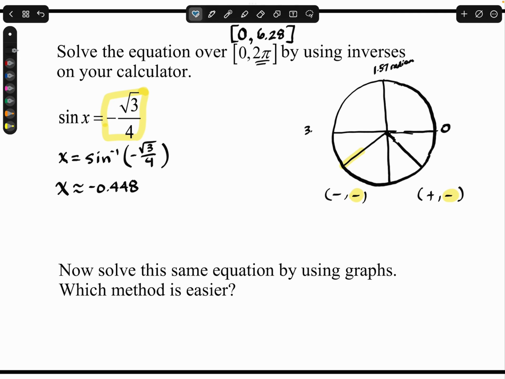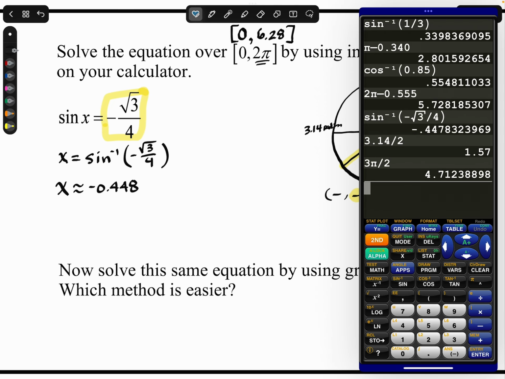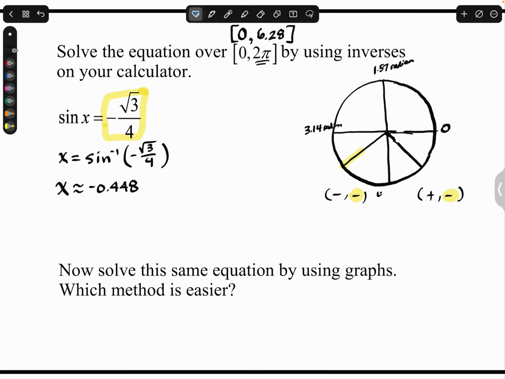This is about 3.14 radians. When we get down to the bottom, 3 pi divided by 2, what is that? About 4.71 radians. And then when we get back over here, this is about 6.28 radians.